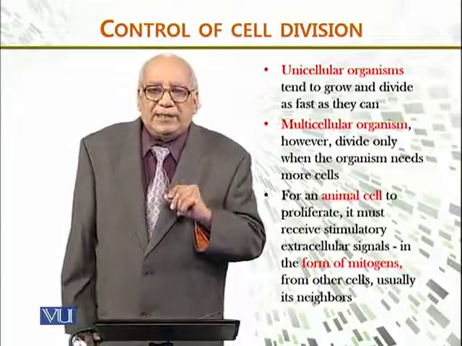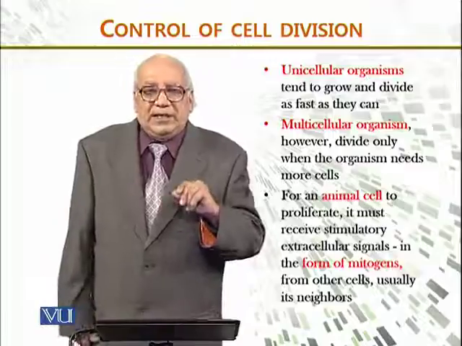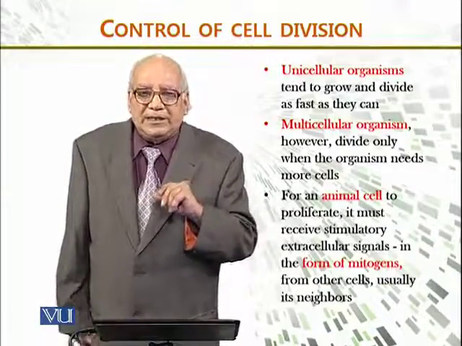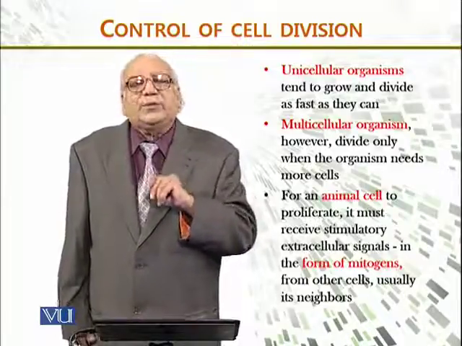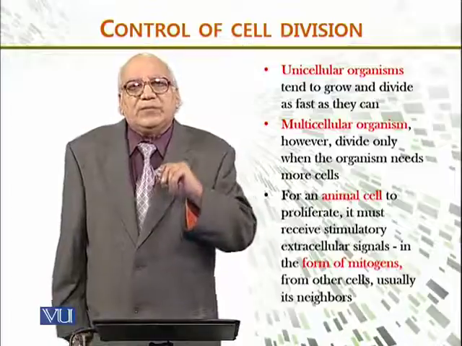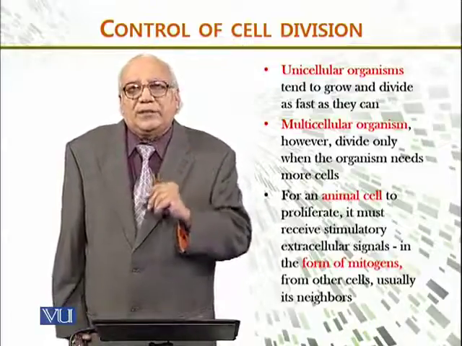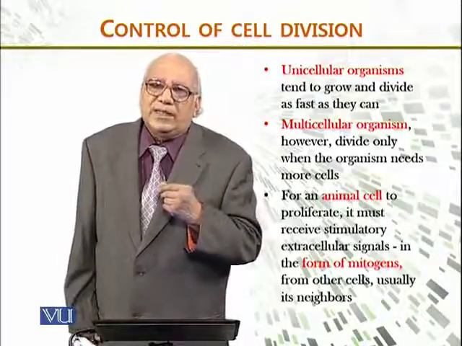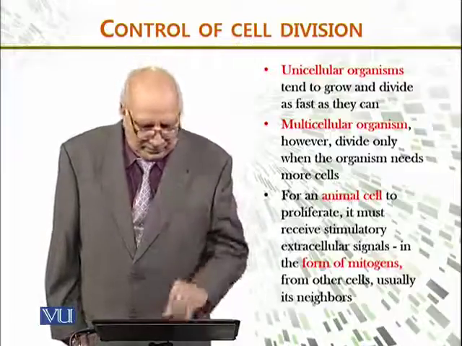For an animal cell to proliferate, animal cells किस तरह grow करते हैं? It must receive stimulatory extracellular signals in the form of mitogens. जिस तरह हमने पहले seen earlier, these are the compounds, the chemicals, the proteins which give the signal to the cell, and they are on the surface of the cells.